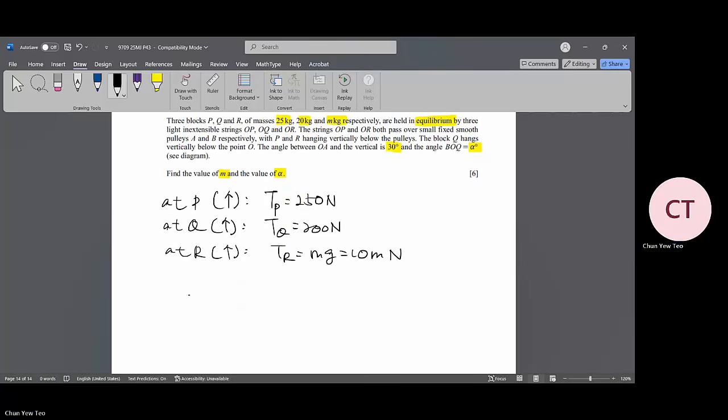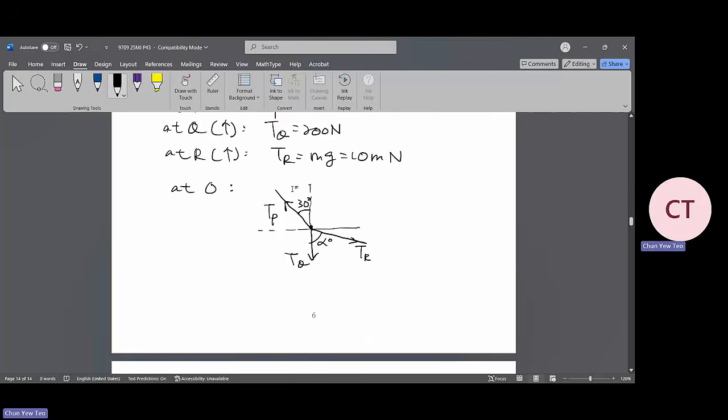Now at O, maybe we can have a diagram to illustrate the situation. So this is TP, this is 30 degrees, this is TQ, and this is TR. This is alpha. Okay, so this is what we have.